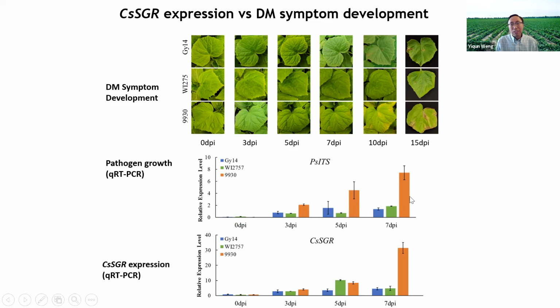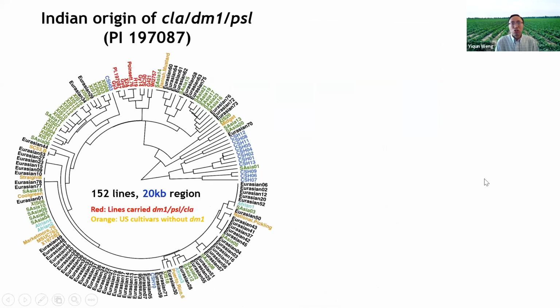The pathogen keeps growing, the population keeps increasing, and in the susceptible line this gene shows a significant increase in expression, but in the resistant lines it has a low level of expression. This is consistent with our expectation that the chlorophyll degradation pathway may be involved.